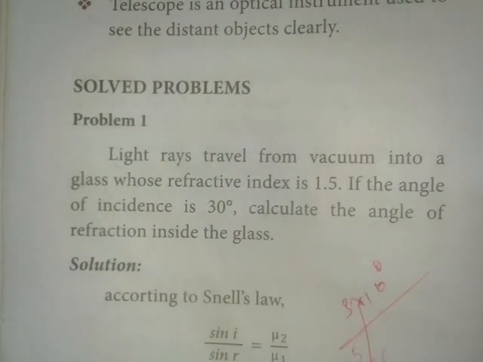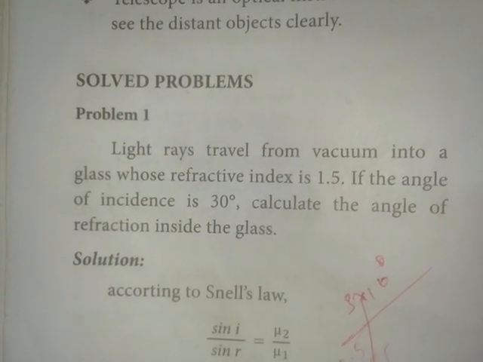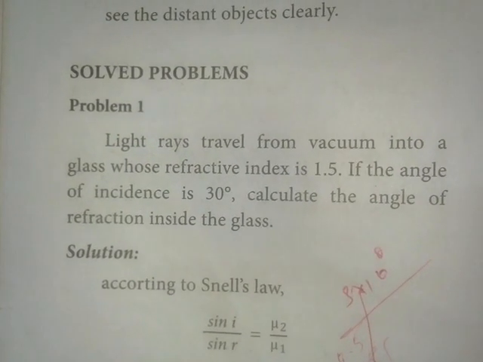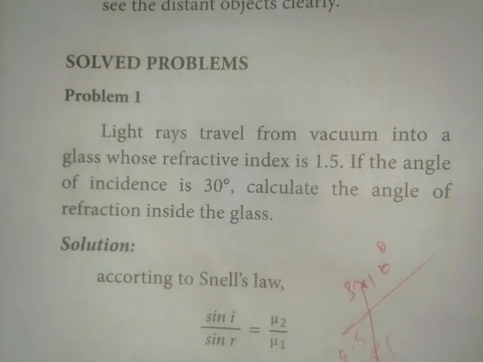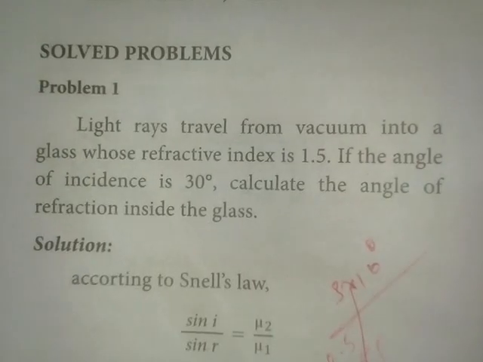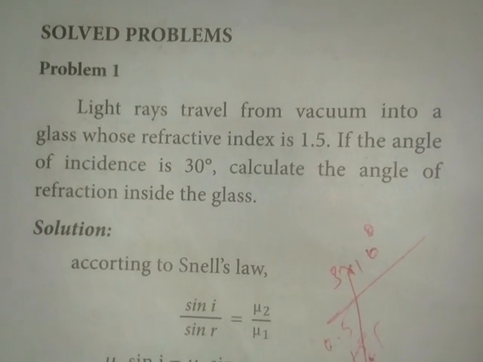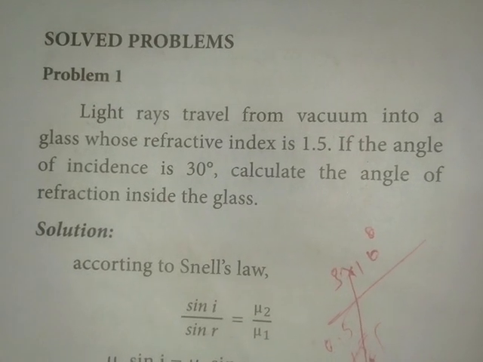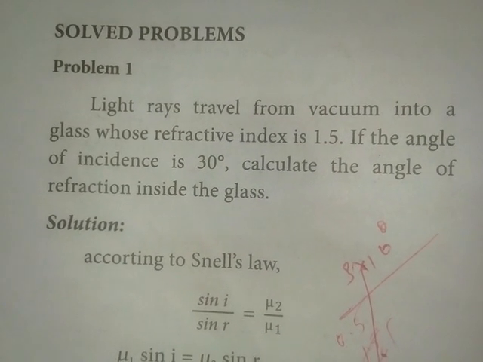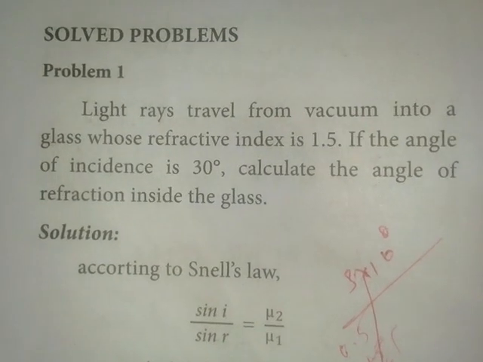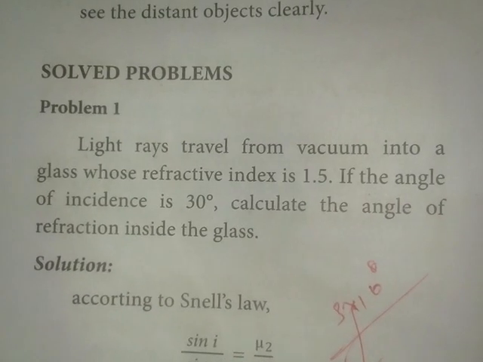And the next question, page number 28, solved problems, problem 1. See the question. Light rays travel from vacuum into glass whose refractive index is 1.5. If the angle of incidence is 30 degree, calculate the angle of refraction inside the glass.